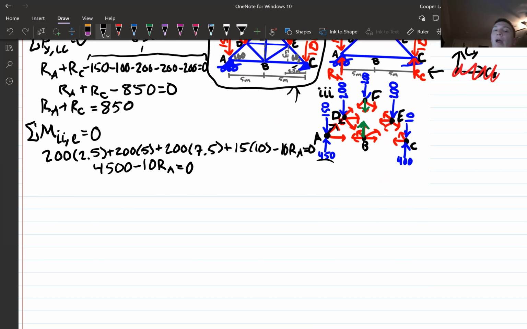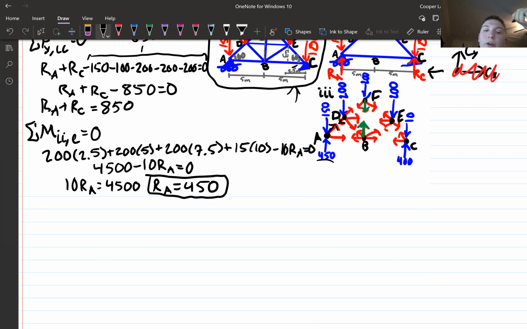So now I'm going to move my 10 r sub a over to the other side, and then I'm going to reverse my equation, just that way it's easier to read. So 10 r sub a equals 4,500. That tells me that r sub a equals 450, because when I divide 4,500 by 10, I get 450.